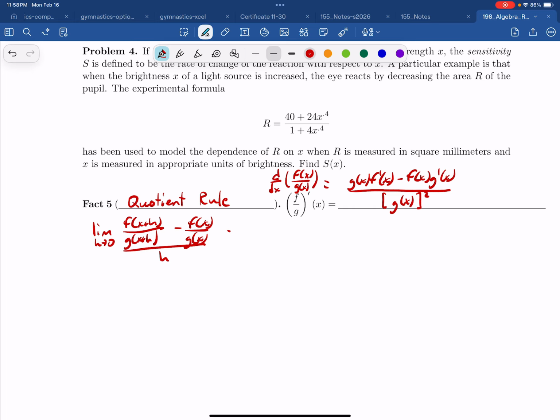Lovely, right? So what we're going to do is put the 1 over h on the outside, so we don't have to deal with the repeated fraction. And then we're going to make a common denominator. And when you do that out, it winds up being this.